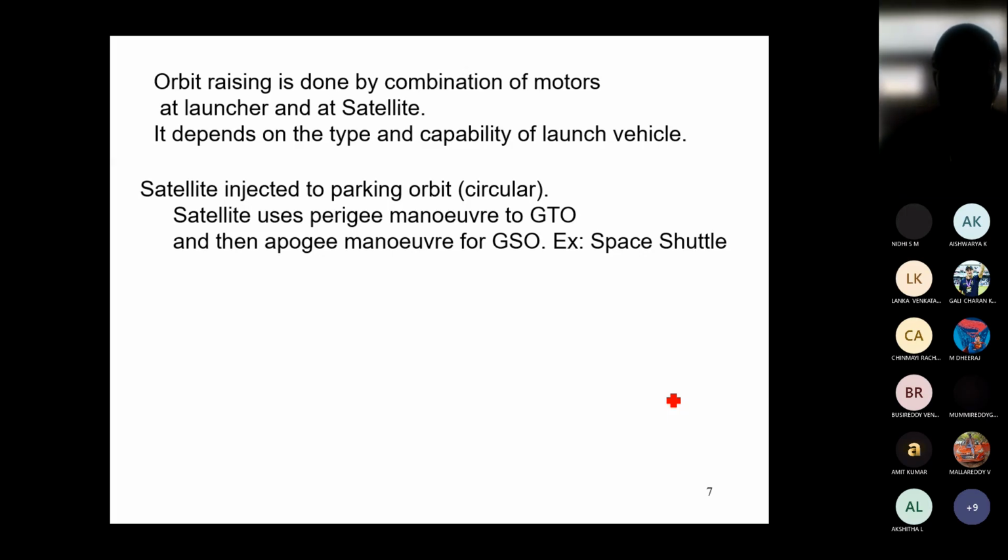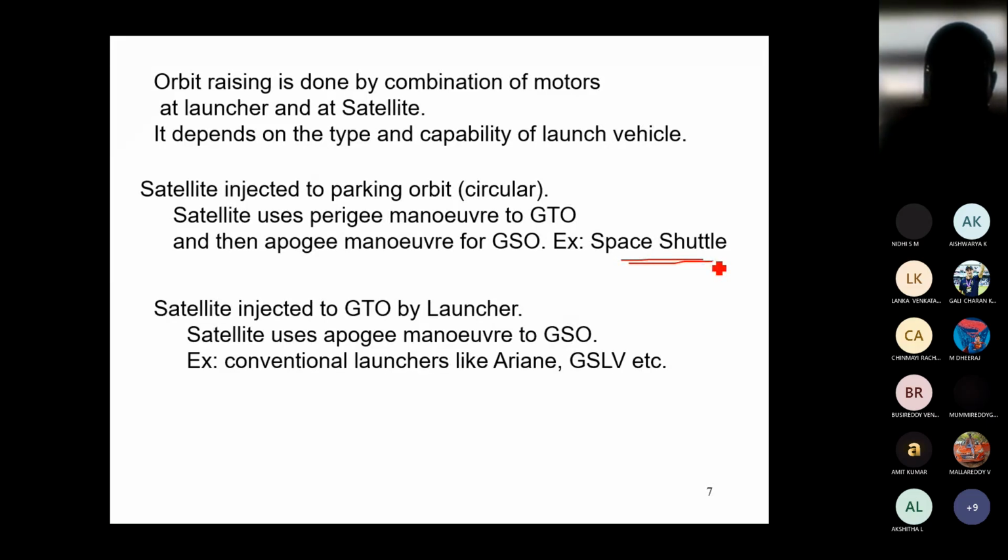As I have shown, at the point of perigee, the satellite will change its orbit from parking orbit to GTO orbit, and then apogee maneuver for GTO to GSO orbit. These kinds of rockets or motors are called space shuttles. Those space shuttles are of different types that we are using.